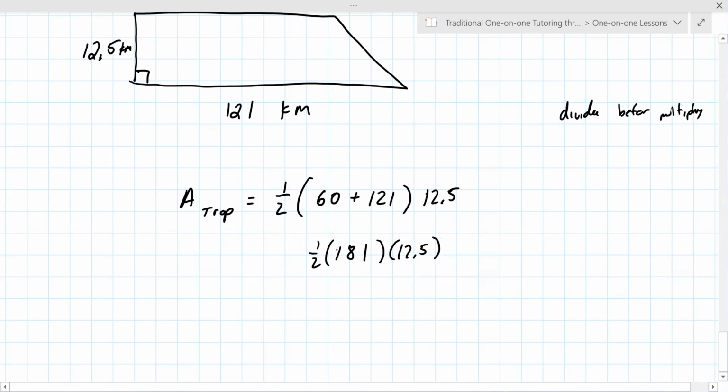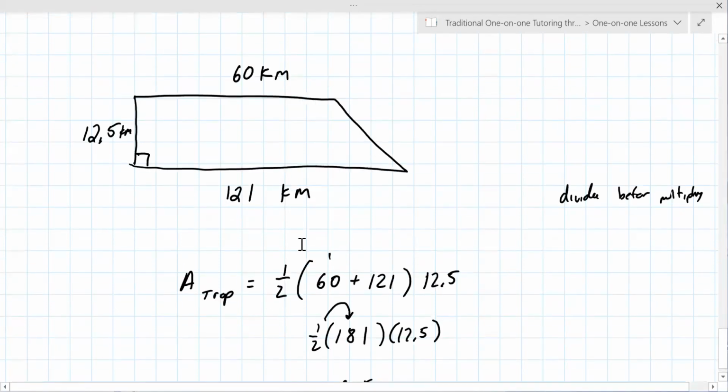So, go ahead. Oh, so I would just divide all the numbers. Just this one, where's 181 from? 181, because you're adding 60 and 121, and 121, 12.5.